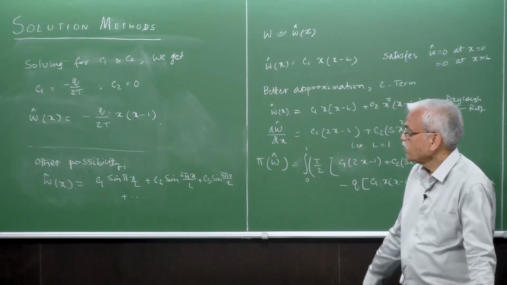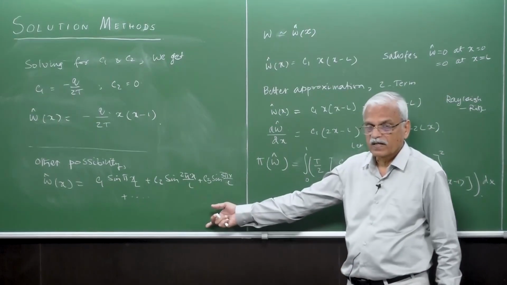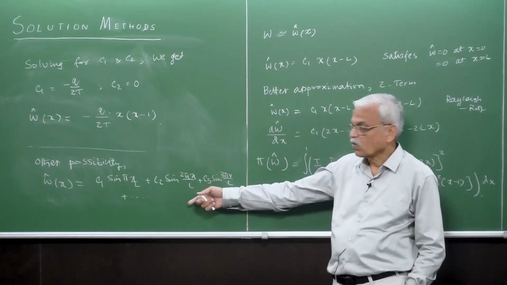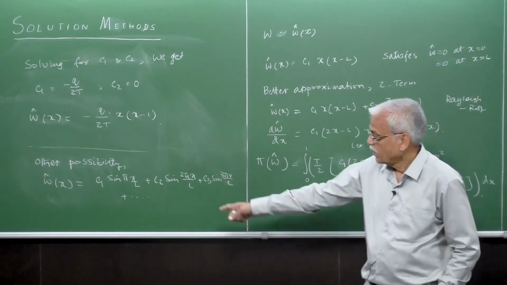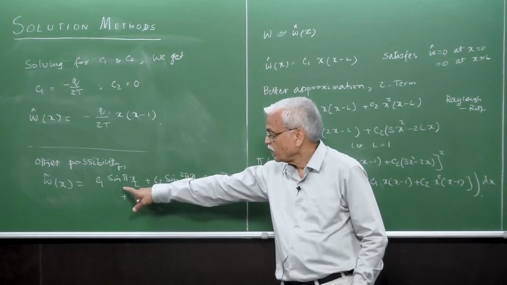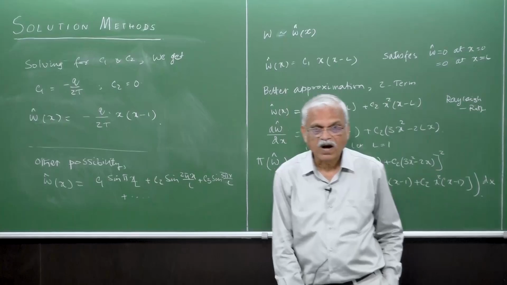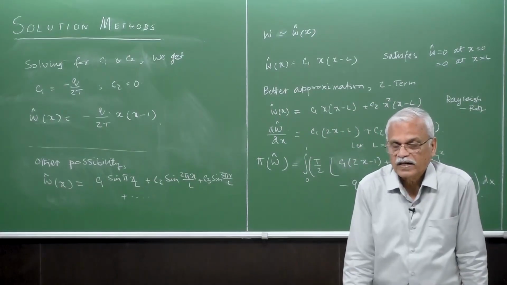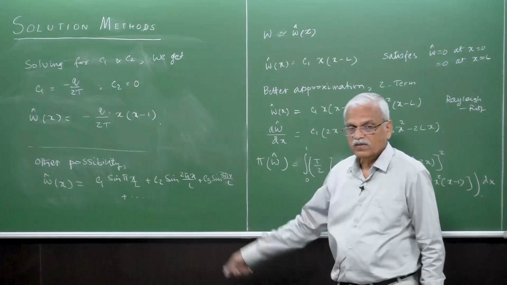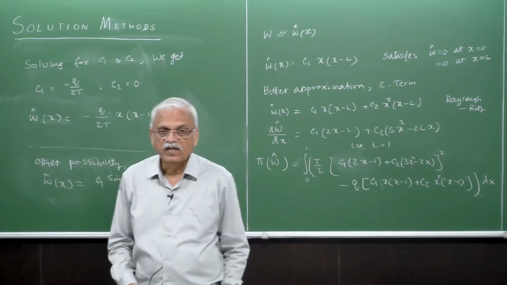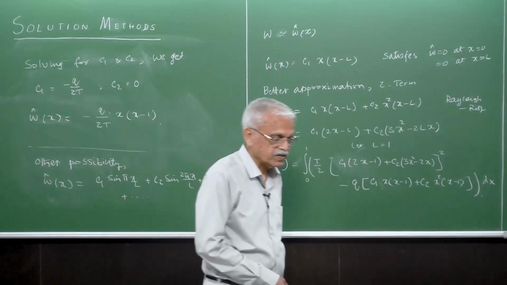But as the number of terms is limited, if you are taking only one or two, it depends upon how close the approximation is, and that governs the accuracy. For example, here these sine terms are closer to the exact solution. So if you use these terms, you are going to get a better solution for a smaller number of terms.